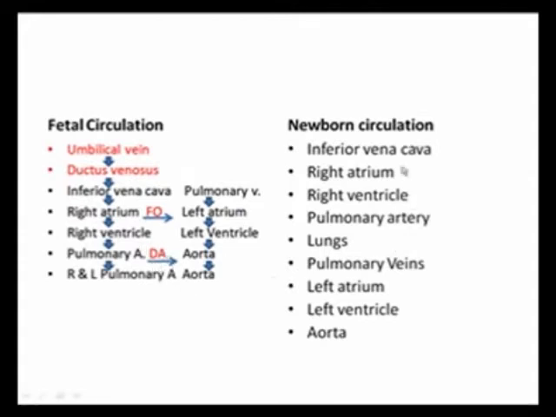So that we'll end up with blood from the inferior vena cava going to the right atrium, to the right ventricle, to the pulmonary artery, to the lungs, to the pulmonary veins, left atrium, left ventricle, and aorta. So these four structures in red are all going to have to degenerate.